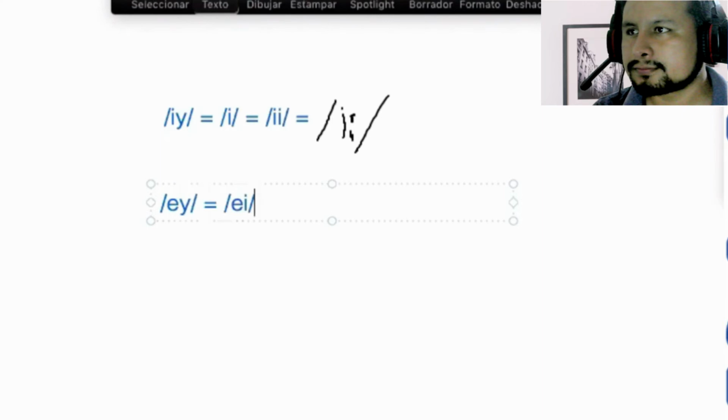The symbols are different, but the sounds are the same, this is A, this is A. Okay? In other books, you will probably find something like this. A, but it's the same.